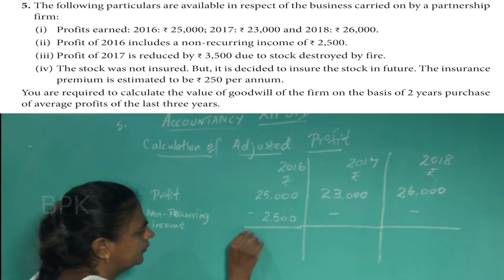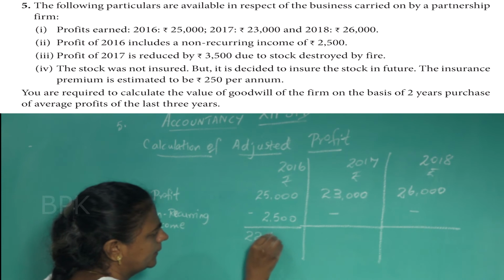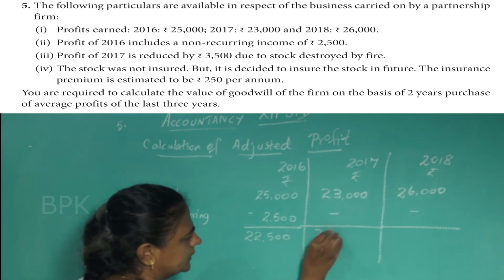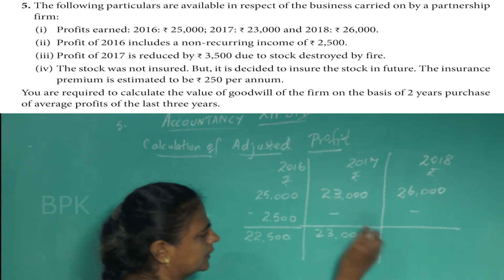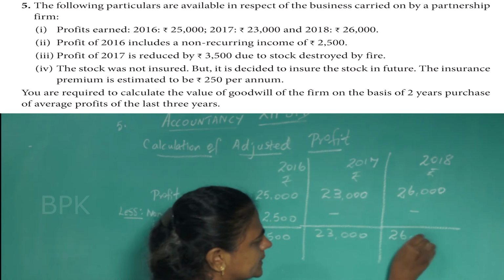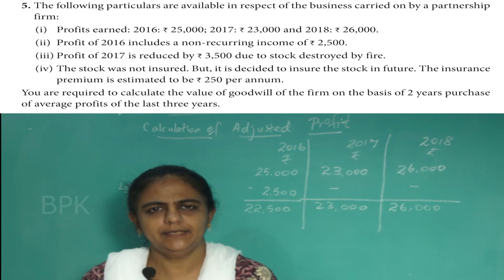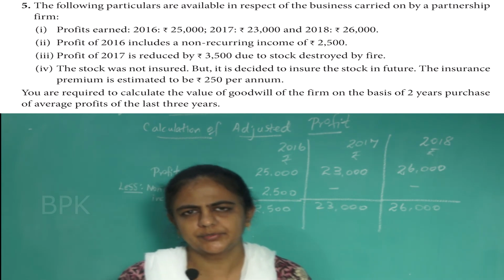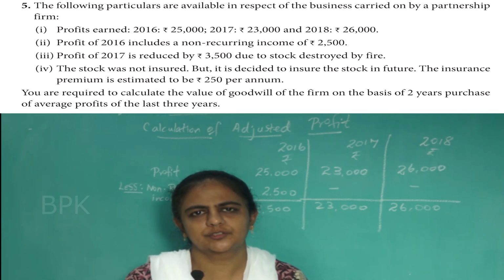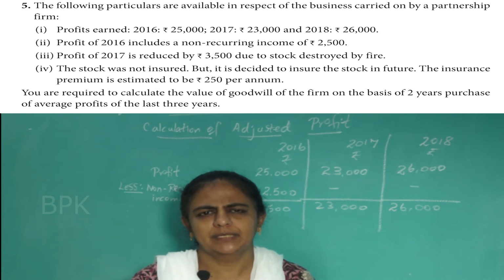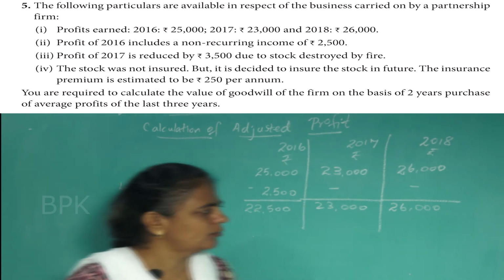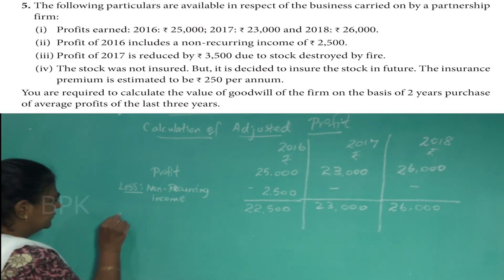So, that will give you 22,500, 23,000 and 26,000. In 2017, stock was destroyed by fire. How much is that? 3,500. So, what you have to do is add.